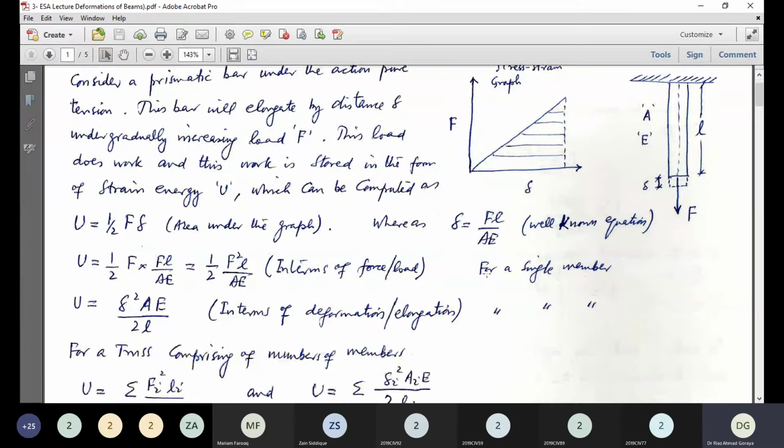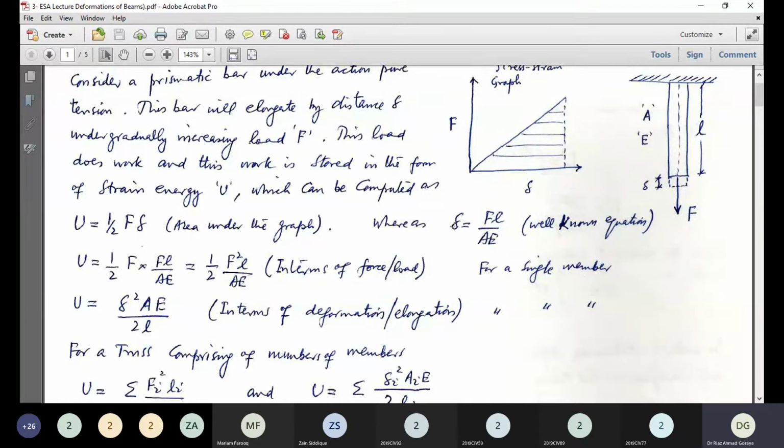So now substituting this equation of delta into this equation of strain energy, we get U is equal to half F square L over AE. This is the representation of strain energy in terms of force or in terms of load.